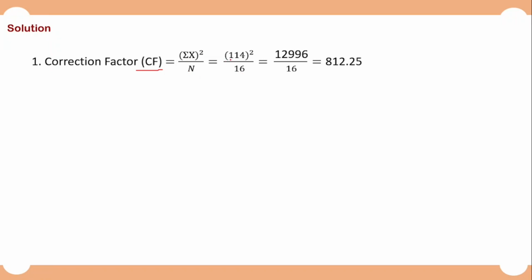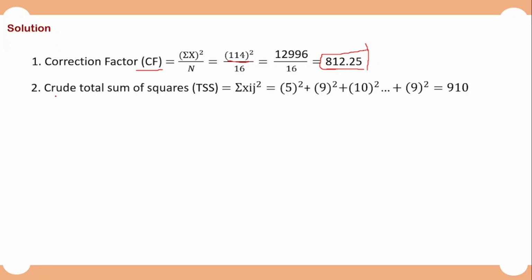The sum of average daily milk yield for all of the individuals is 114. So you have to square 114 and divide it by the total number of observations, which are 16. So it would become 12,996 divided by 16, which is 812.25. Okay, so our correction factor is 812.25.